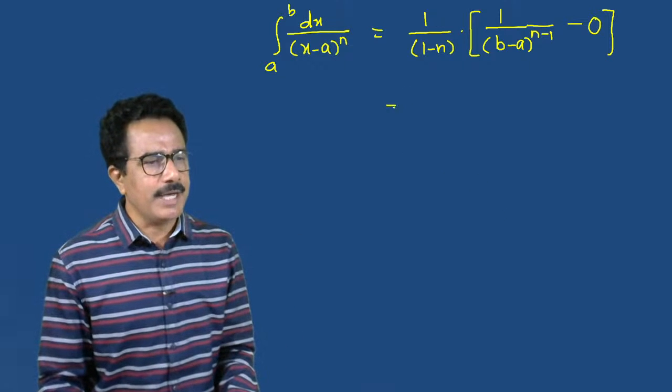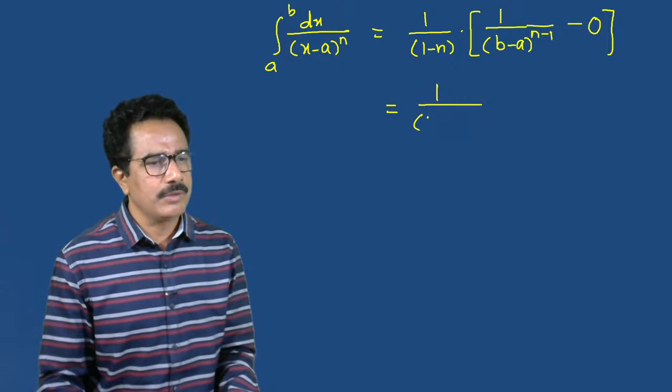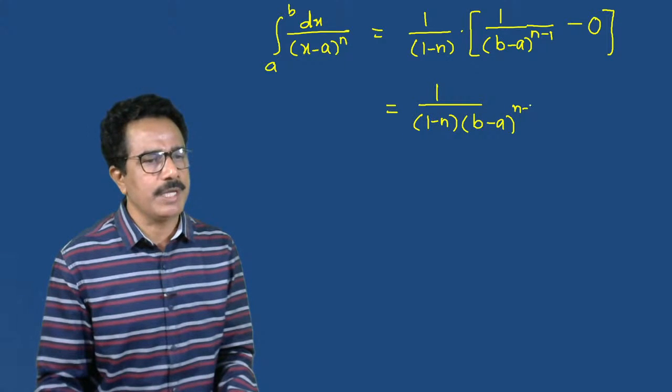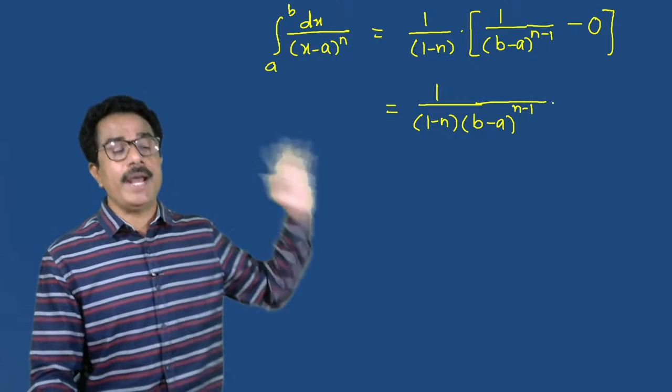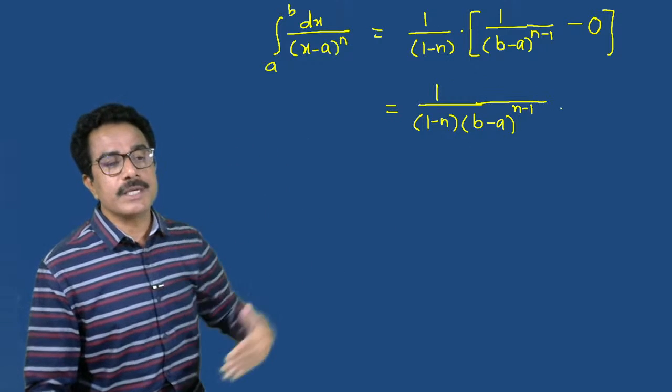So we get the answer 1 upon 1 minus n into b minus a raised to n minus 1. Means this will be finite. Suppose this is equation 3.